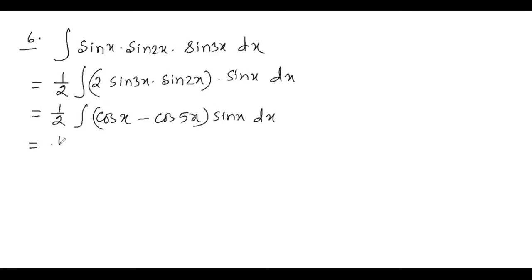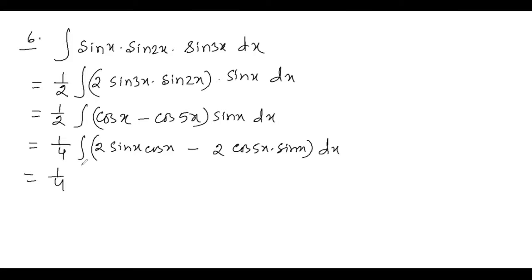Again we will multiply by 1 by 2, that is 1 by 4, 2 sin x cos x minus 2 cos 5x into sin x. Then what will it be? 2 sin x cos x equals to sin 2x, already you know, minus 2 cos 5x into sin x.